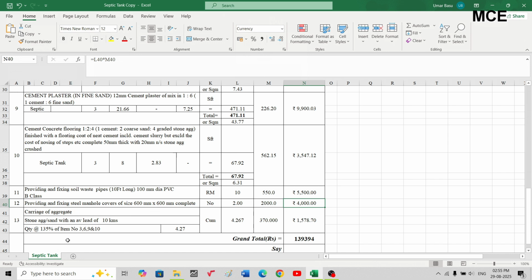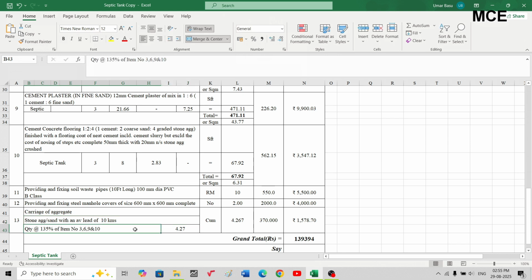The last item in our estimate will be carriage, that you have to give to the contractor for carrying the stone aggregate and sand up to the site, and the average lead should be up to 10 kilometers.